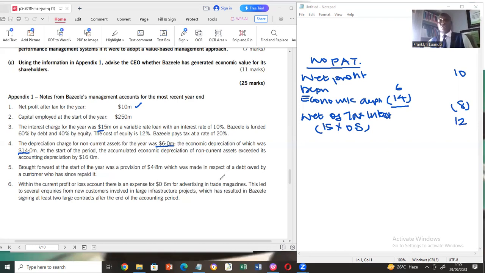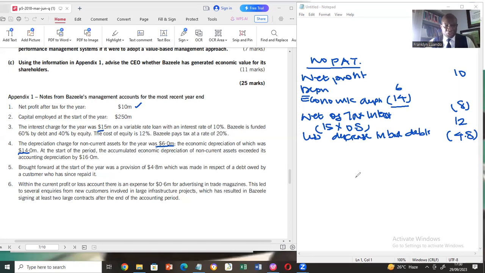The reduction in provision for bad debts during the year was treated as a gain, but there is no cash, it must be removed. The increase in provision for bad debt is an expense. It reduced the profit, but there is no cash flow, so you must add back. This one is a decrease, it must be removed. Less decrease in bad debts, 4.8.